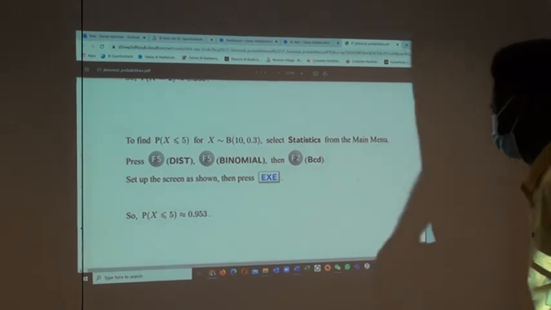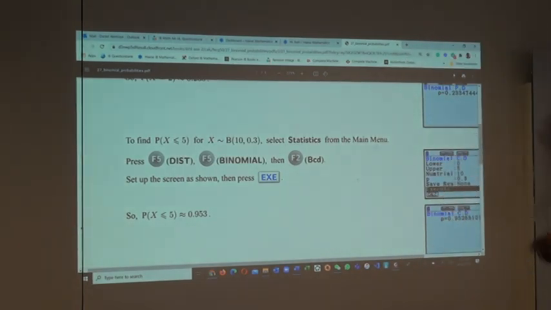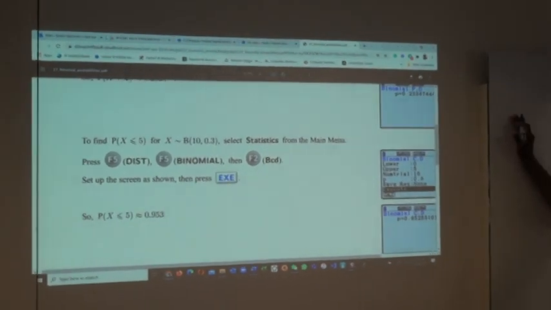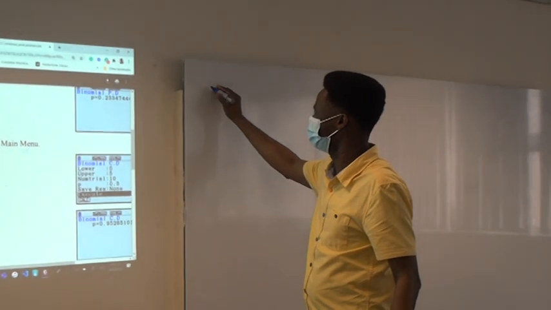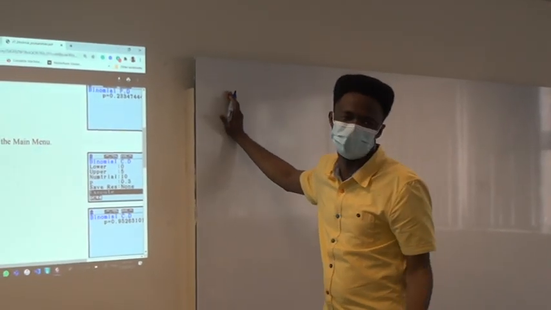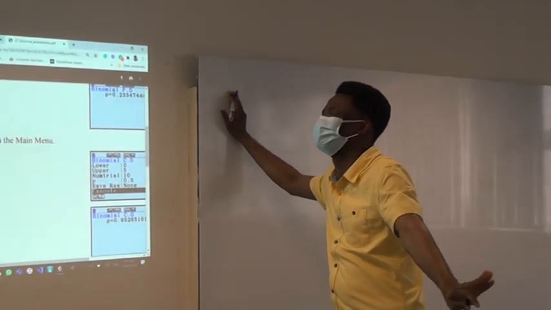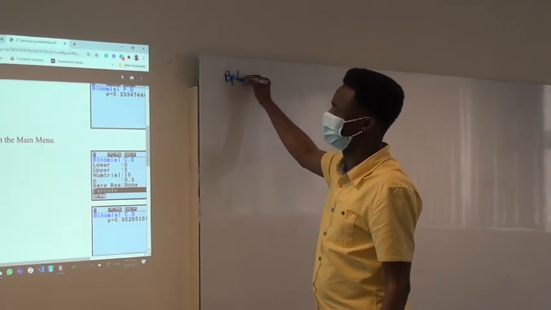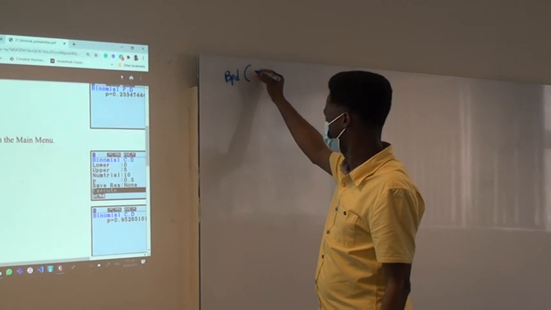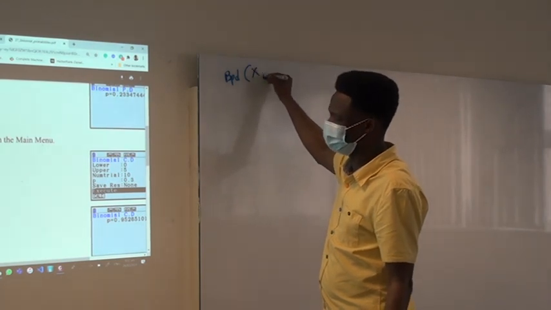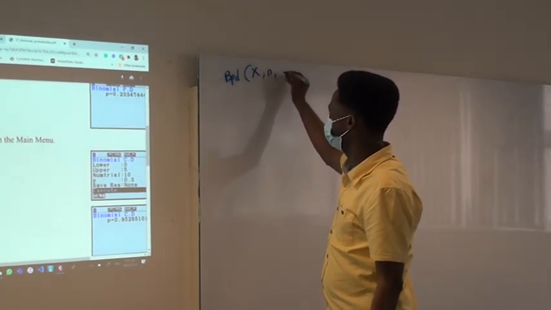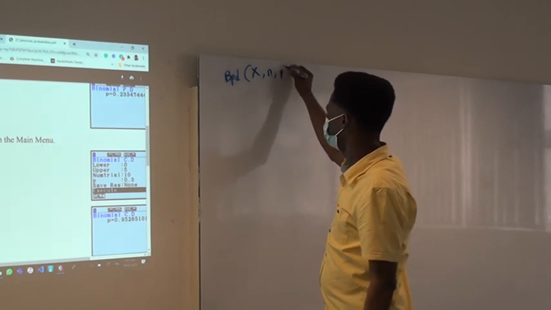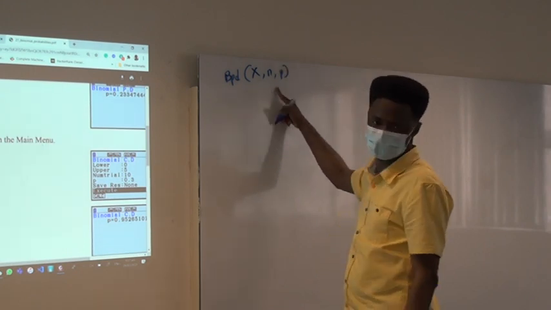Guys, this is what I'm saying. If you are not able to do the BCD on your calculator because of the level, I'm not saying because your calculator is hard. In the exam, you do the binomial probability distribution of the random variable x with that number of trials and the probability p twice.